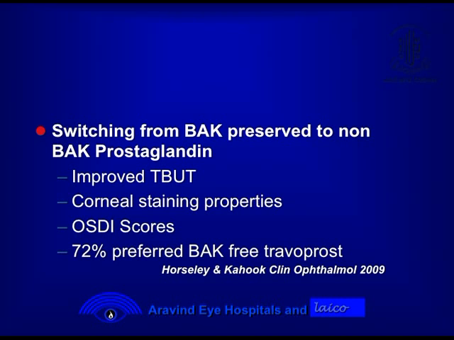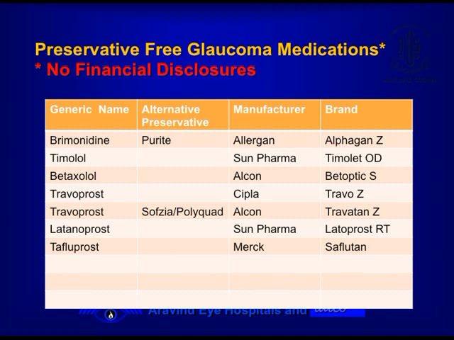And by way of questionnaire, almost 72% preferred preservative-free travoprost, and in another study, 70 to 71% preferred preservative-free brimonidine in preference to the preservative-containing prostaglandin or brimonidine. So these are some of the drugs that contain either no preservatives or alternative preservatives. Most of them are available for use, except perhaps Saflutan, which is likely to be available soon.